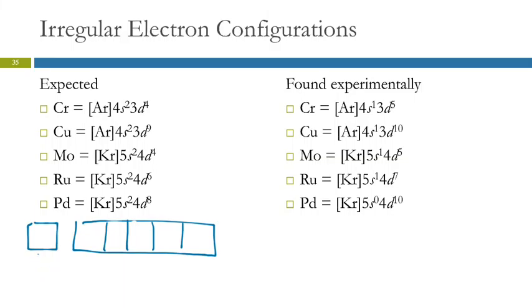Okay, let's look at copper. So copper, we've got 4s2 and 3d9, right? So 2 here, 1, 2, 3, 4, 5, 6, 7, 8, 9. You might say, well, what's the deal? Why not?